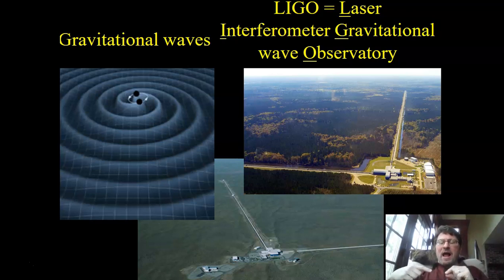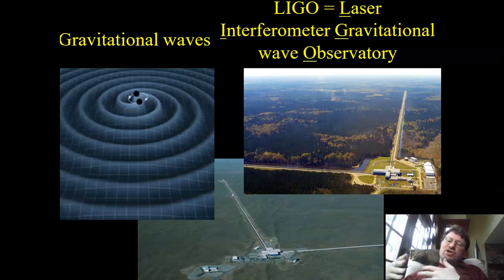Had there been no gravity wave, maybe these two laser beams at a certain point on a screen when they're recombined would be in sync with one another, and so you would get a nice bright spot there. Or in another part on the screen, maybe the two laser beams would be half of a phase out of sync with one another, and so you would get a dark spot right there.